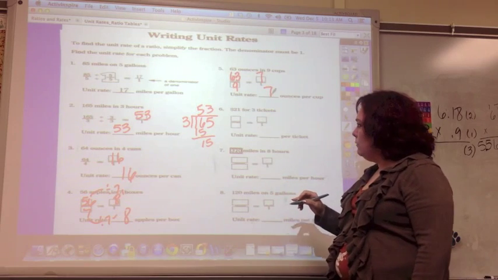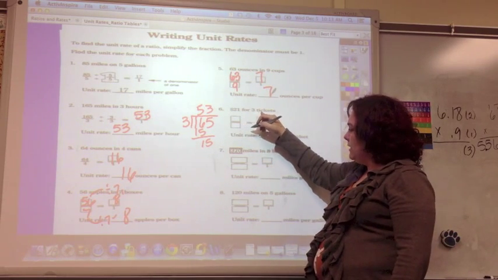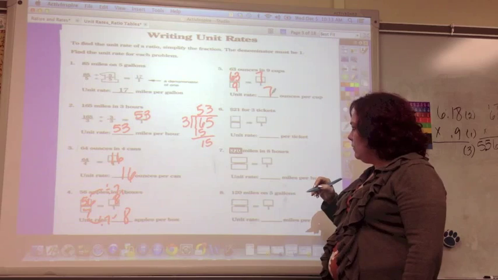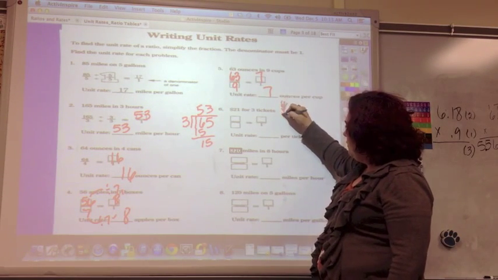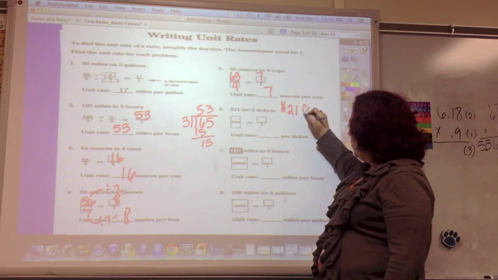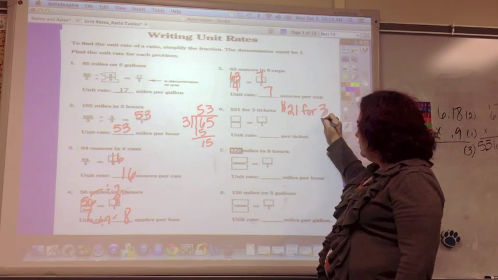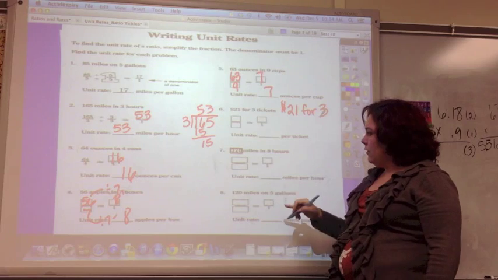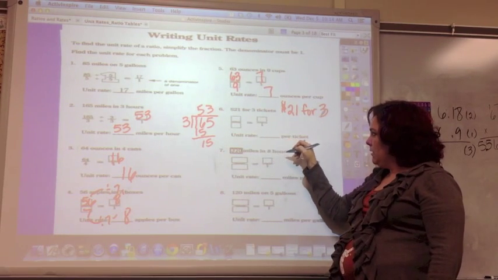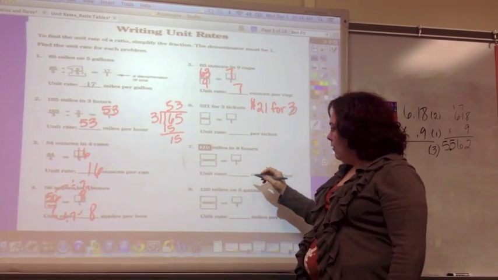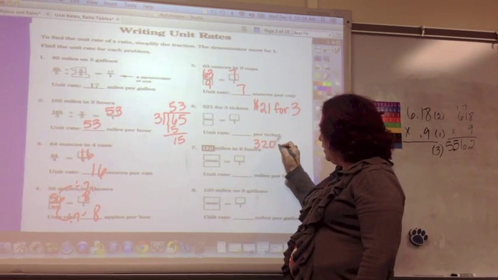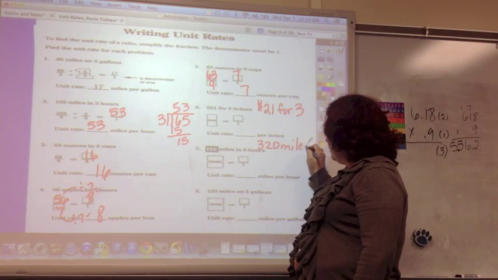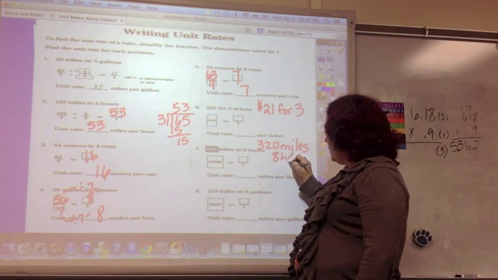And then $21 for 3 tickets. So I'm going to give you the rest of these. I'm going to read them. It's $21 for 3 tickets. And so find out your unit rate, your price per ticket. And then 320 miles in 8 hours.